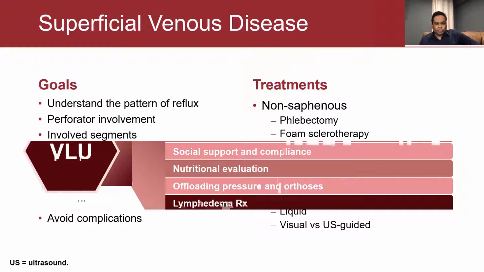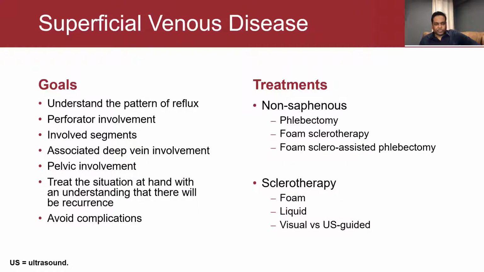So let's talk a bit about the treatment options for superficial venous disease. We all know that the axial treatment of superficial venous disease is with thermal ablations and non-thermal technologies.